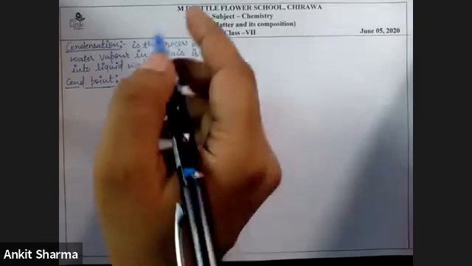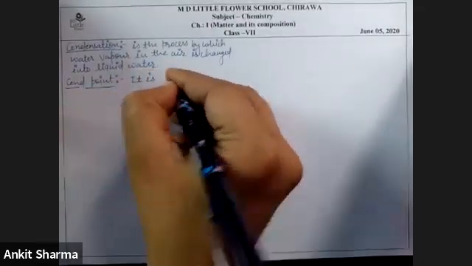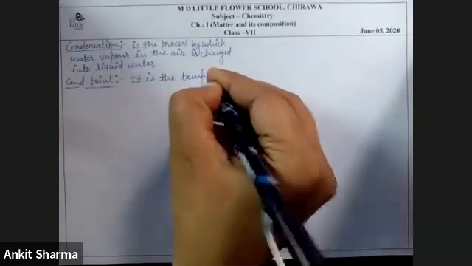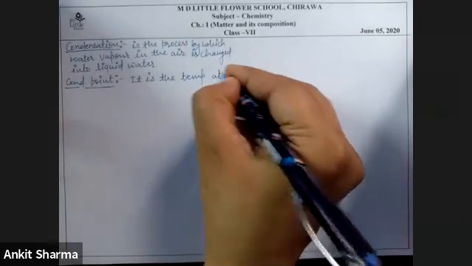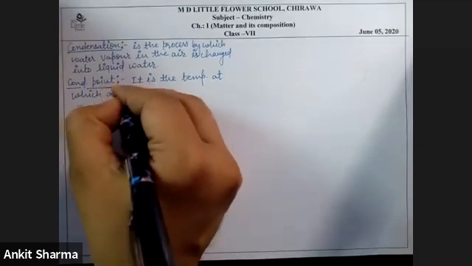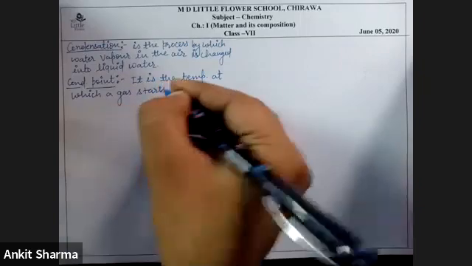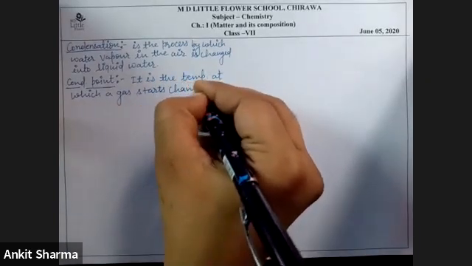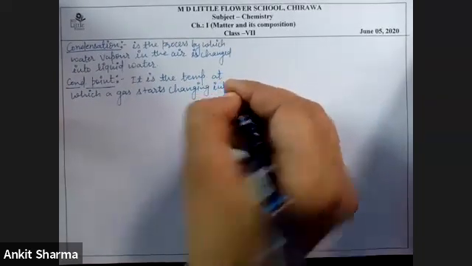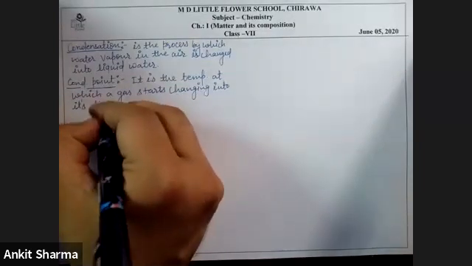So, what is condensation point? It is the temperature at which a gas or water vapors starts changing into its liquid state.